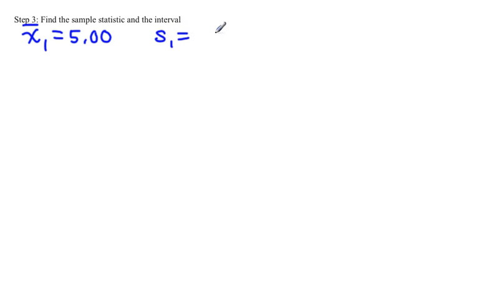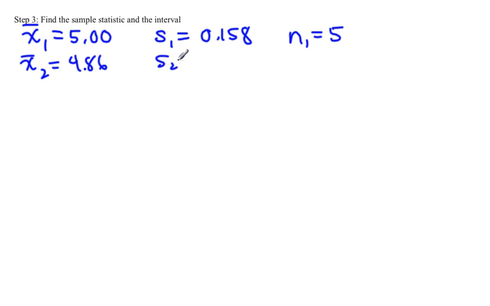S1, we are told, or we could find from our technology, is 0.158. You also need to know the sample size for the first one, and there were 5 values in that sample. And then x bar 2 is 4.86. S2 is 0.114, and n2 also is 5.